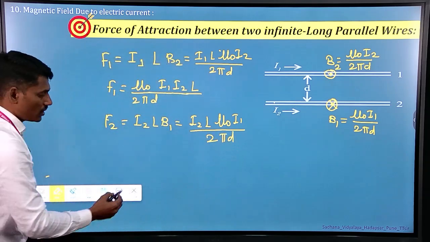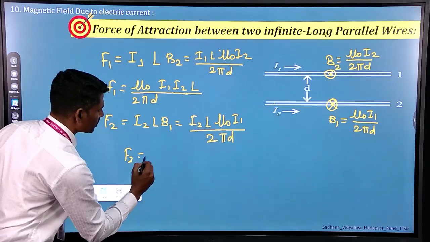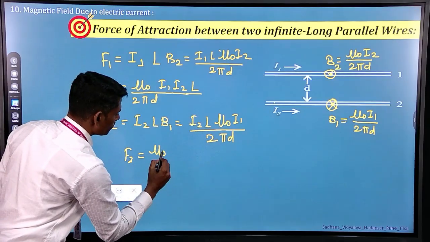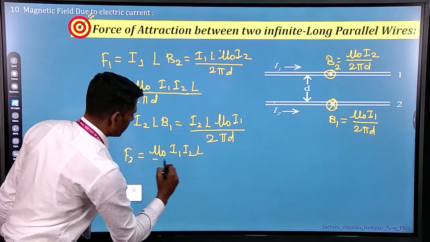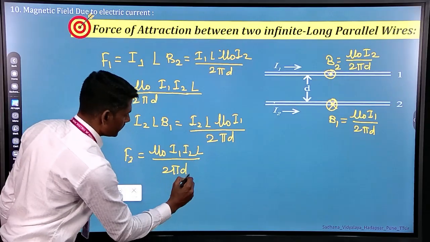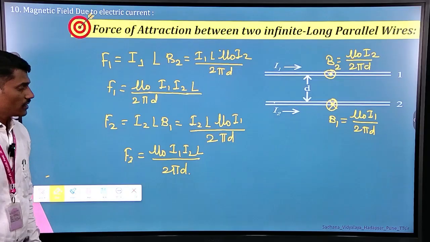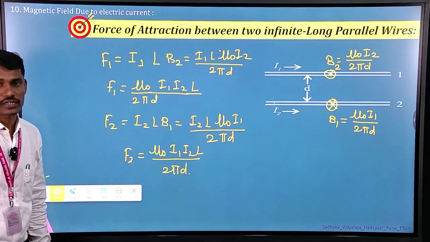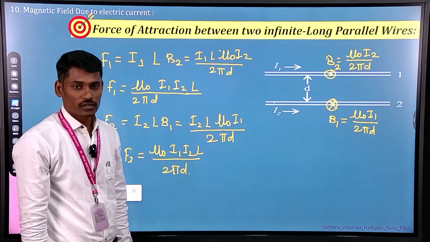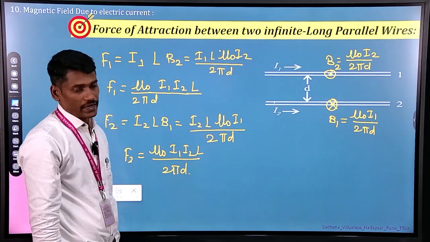So in simple the F2 becomes F2 is equal to mu0 I1 I2 L divided by 2 pi d. Here we see that F1 and F2 are the same. This is the force acting on conductor 1 and 2.